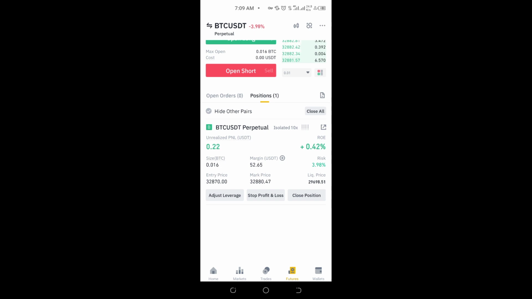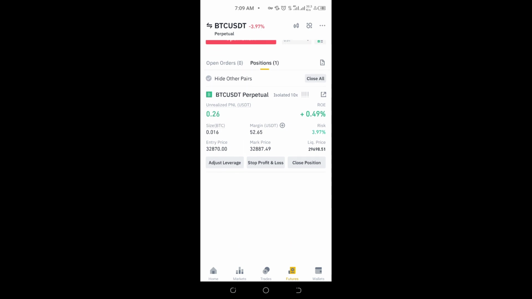The margin is $52.65 involved, and then the risk is 3.97%. We entered this trade, that's the entry price, at 32,870, and the market price is now 32,886.56. So it's in our favor.